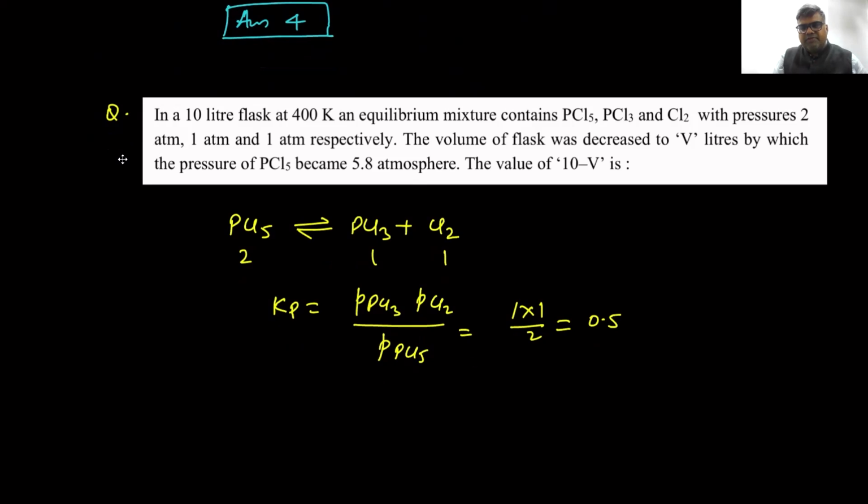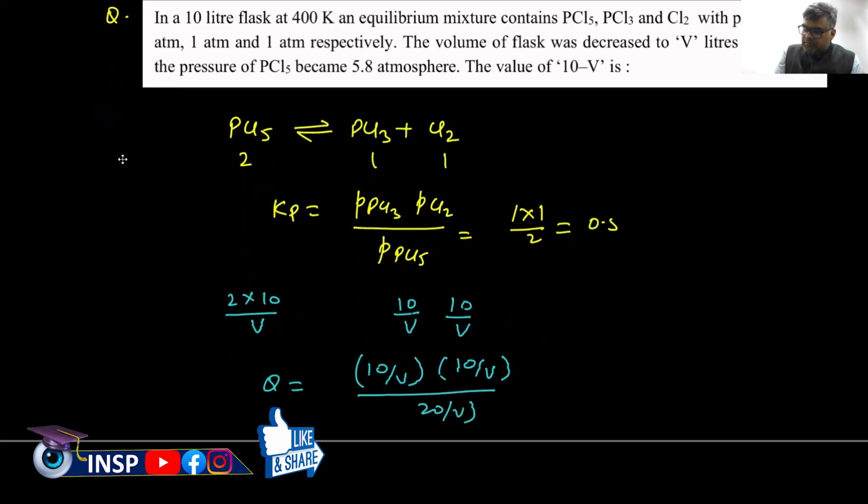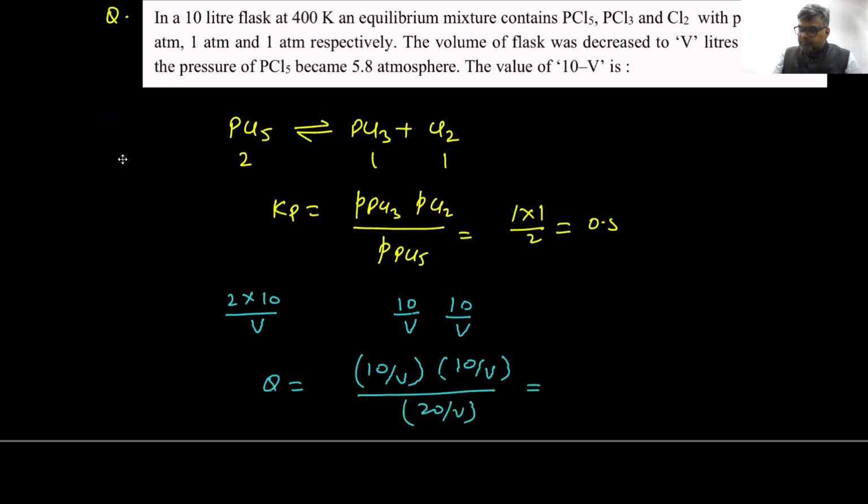So the new pressure of PCl5 will be 2 atmosphere into 10 liter divided by V liters, which is 20 upon V. And the new pressures of PCl3 and Cl2 will each be 10 by V. So if I write Q, it will be 10 upon V into 10 upon V upon 20 upon V, which we can write as 10 upon 2V basically.